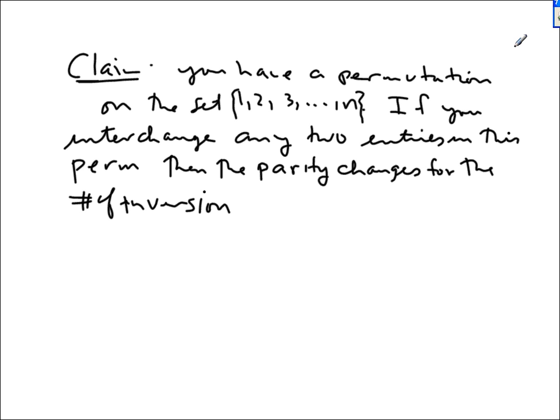Parity is odd or even. So the odd or even changes for the number of inversions.